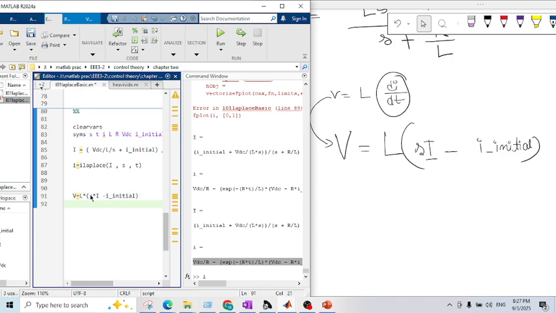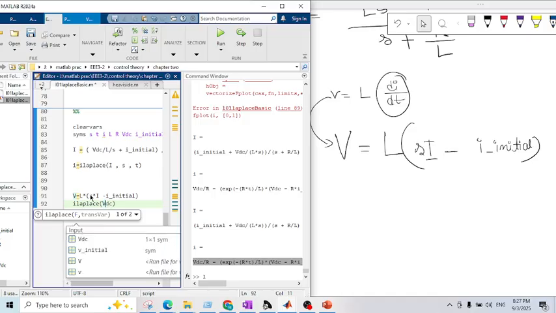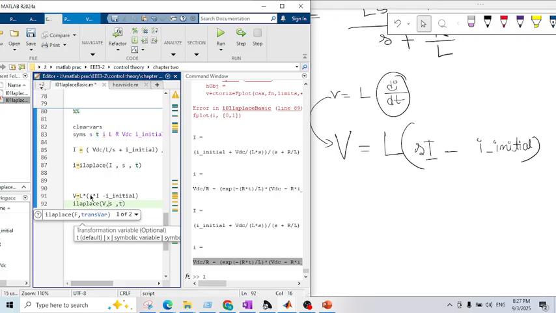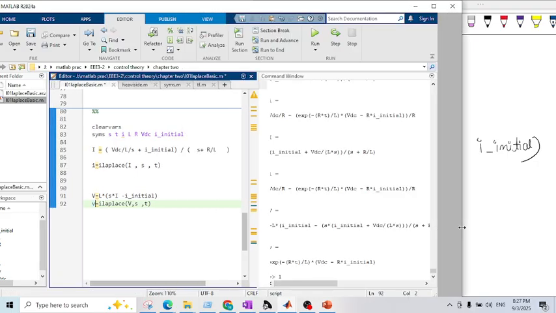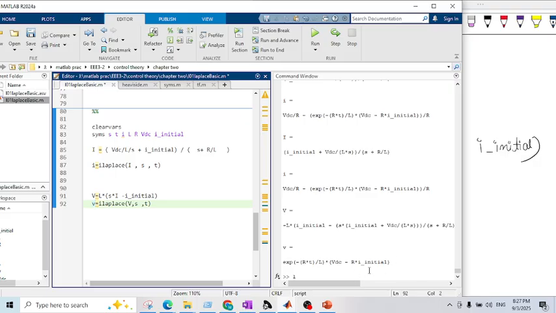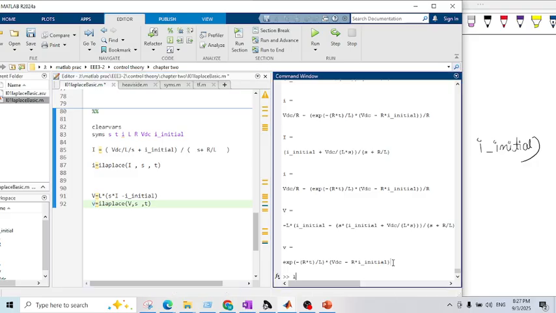Okay, so now let's apply inverse Laplace. We want to convert V, which is a function of s, into time domain, and let's take the output in another symbolic function. Let's say that is small v. Well, now if I run this portion, so you can see, so this is the equation of the inductor voltage.